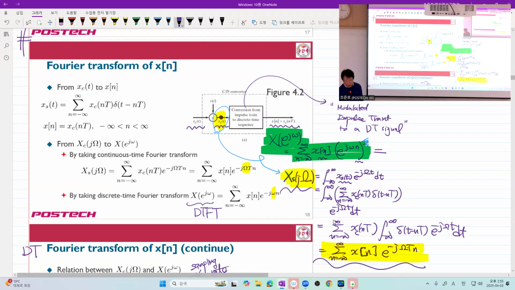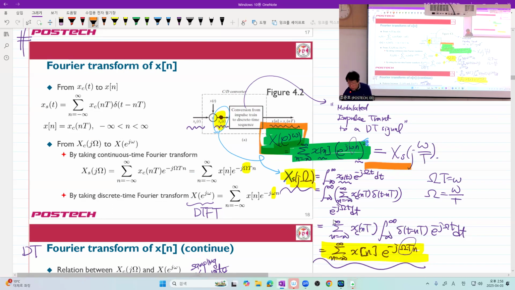If you compare these two, what's the difference? Instead of lowercase omega, we have capital omega times capital T, right? So this is the relation. Got it? Isn't it amazing?